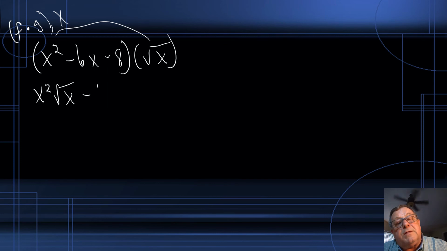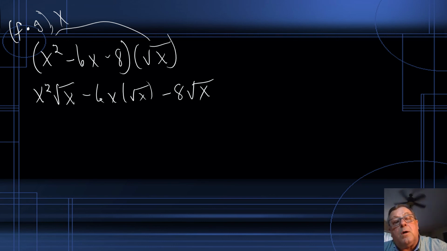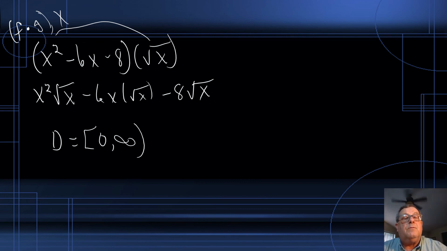And then we got negative 6x times the square root of x. I really don't have to put that parentheses in there. Well, yeah, it makes it look better. And then I've got negative 8 times the square root of x. Okay, well that did that. What about my domain? Does it change from the previous two when I added and subtracted? No, the domain restriction I would have would be trying to take the square root of a negative number. So it can include 0 on out to infinity, but it just cannot be less than 0.